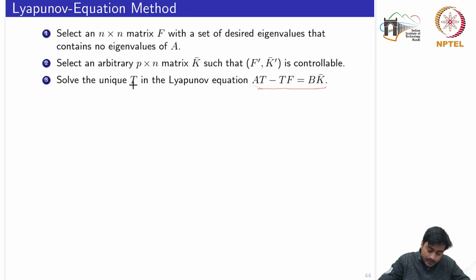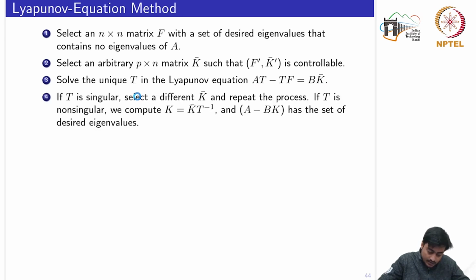Once we have computed this T matrix, the gain matrix is given by this expression, and the key result hinges upon the invertibility, the non-singularity, of the T matrix.